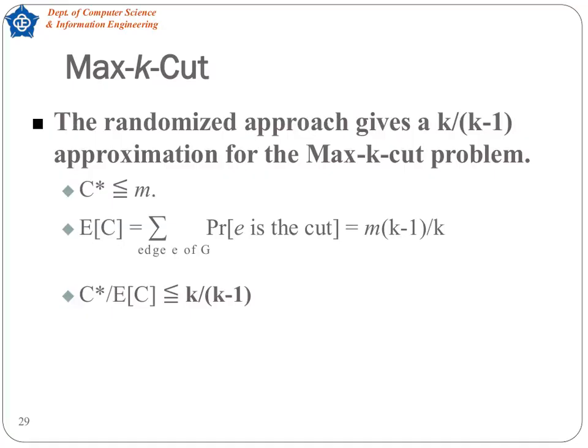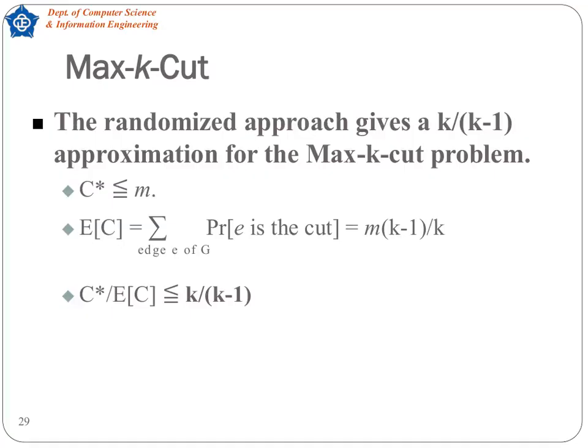Next, we have the expected value of C, denoted as E[C]. As we just derived, this equals the sum of probabilities that an edge e is in the cut, and indeed, this sum is equal to m times k minus 1, all divided by k. This crucial formula gives us the expected size of the cut obtained by our randomized algorithm.